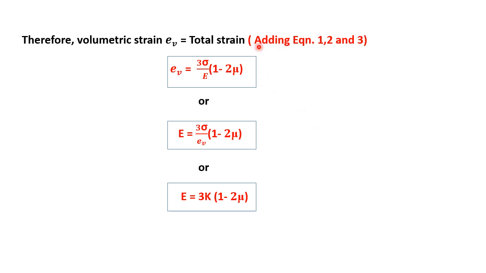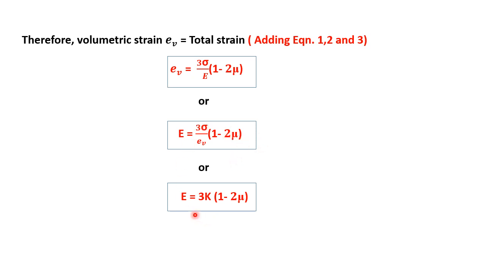By adding all the equations, we get the volumetric strain equal to 3 sigma upon E into 1 minus 2 mu. Or if we shift this capital E, the equation becomes E is equal to 3 sigma by e V into 1 minus 2 mu.